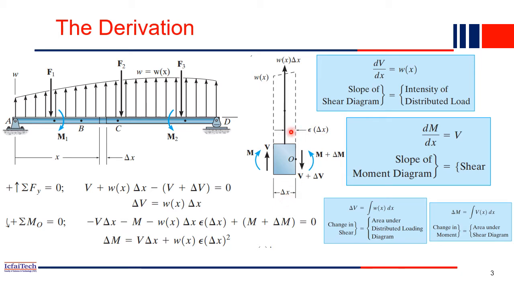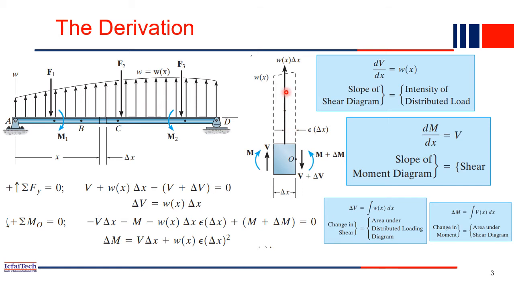It may be half if we consider this a uniformly distributed load, but here Wx is given as an arbitrary load. If it is a UDL, then the epsilon value is half. But here it is arbitrary Wx, so we consider it as epsilon. It may be at the middle or at the left or right, we don't know. That's why we consider this distance as epsilon into delta x.